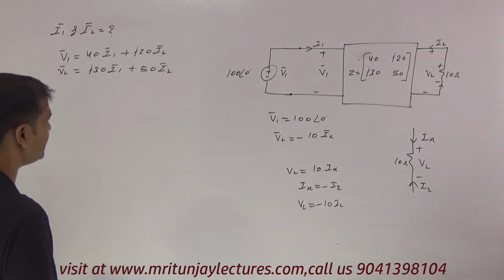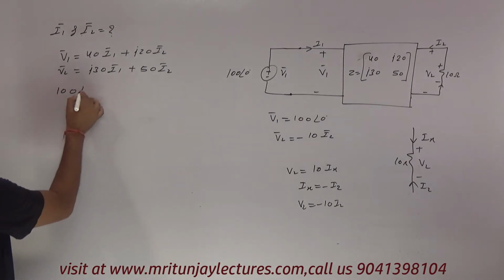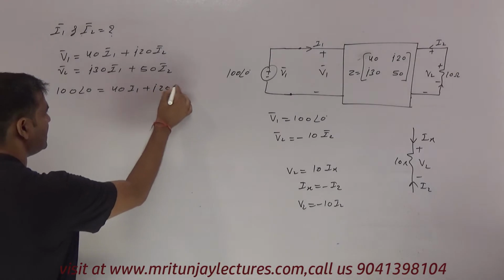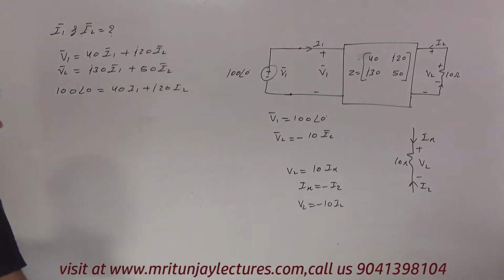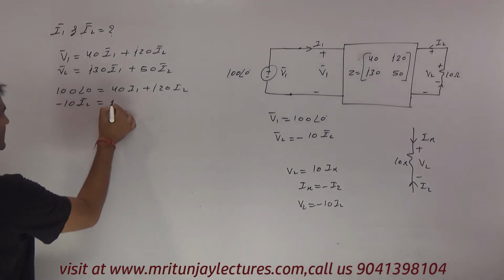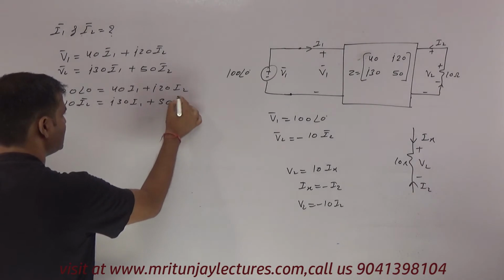So our next target, what about V1? Put here 100 at the angle 0, this will equal 40 I1 plus j20 I2. And V2, which equals minus 10 I2, will equal j30 I1 plus 50 I2.